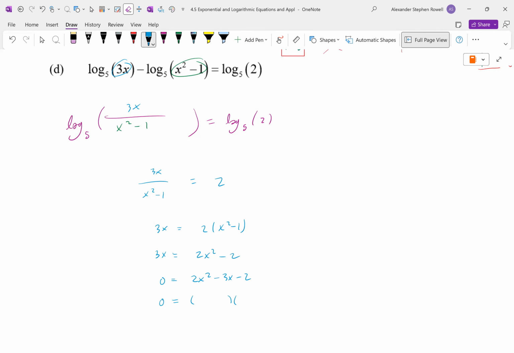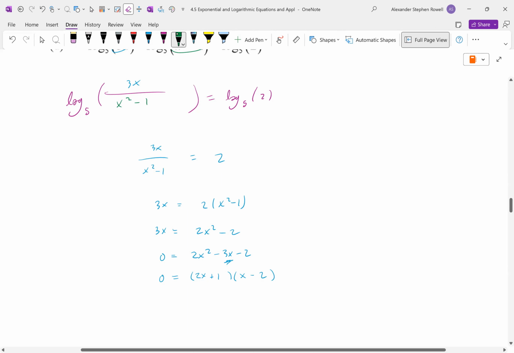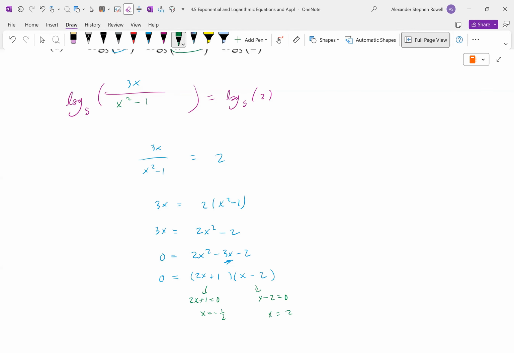These are usually factorable. Factors of negative 2 are negative 2 and positive 1. So guess and check. This multiplies to make 2x squared, minus 4x plus x is negative 3x. So what are my solutions? x equals negative 1/2, or x minus 2 equals 0, so x equals 2.